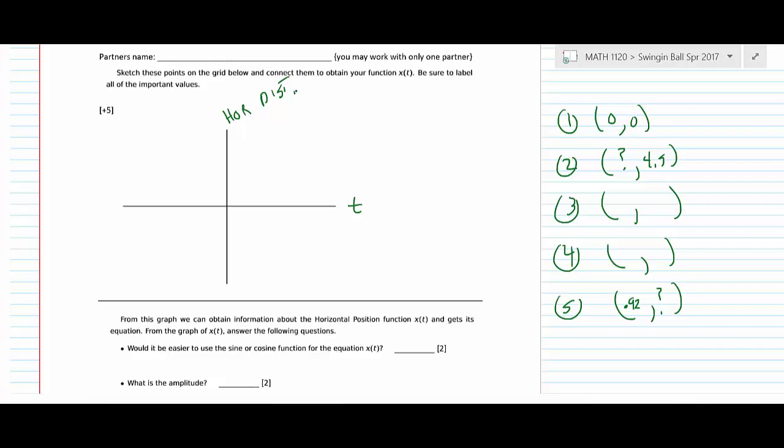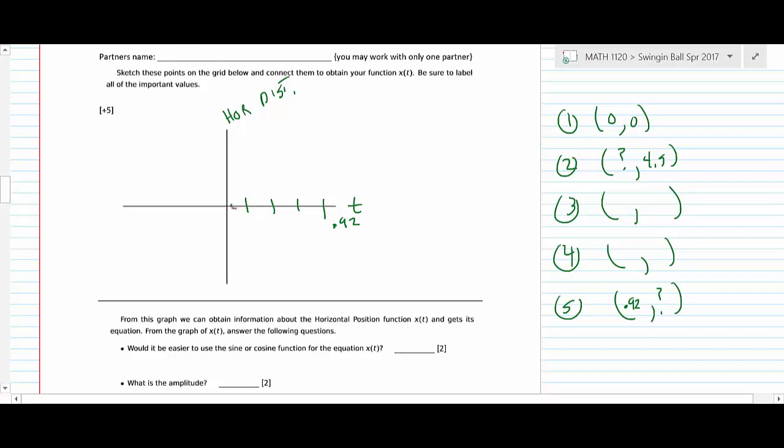You're going to end up with either something that looks like a sine wave or a cosine wave. This is going to go out to 0.92, and then you're going to divide that up into 5 equal points, so you'll have 5 key points. Now I'm not going to give you those points specifically, but I'm going to tell you what you will get if you do this right.